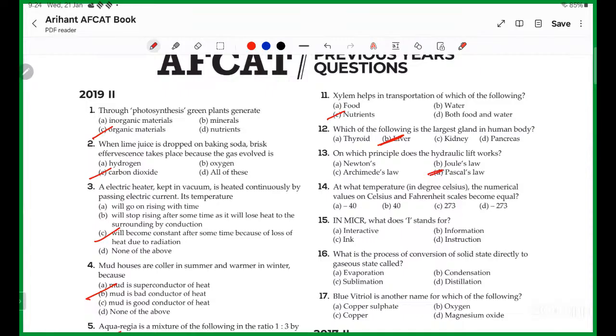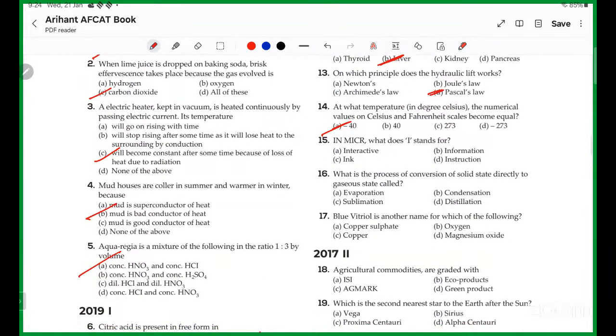Pascal's law. At what temperature दोनों बराबर होते हैं? Is basically -40. What is the process of conversion of solid state to gas? Sublimation होता है.